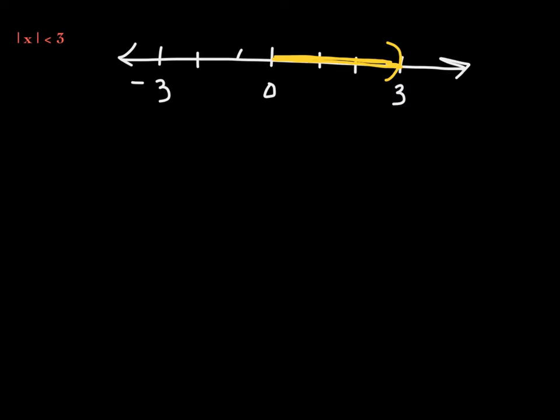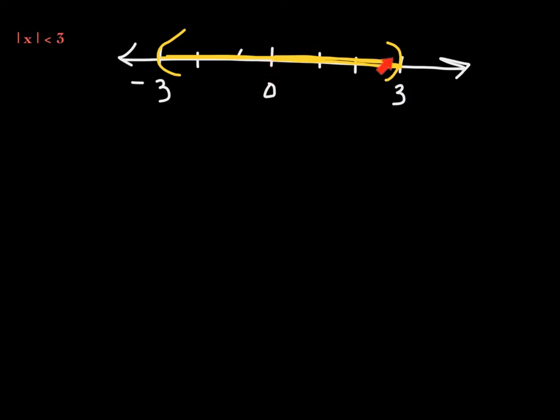But that's not it. These numbers here also have absolute value less than 3. These numbers here are also less than 3 units away from the origin. So really, what ended up being your solution? Well, this part here says x is less than 3, right?